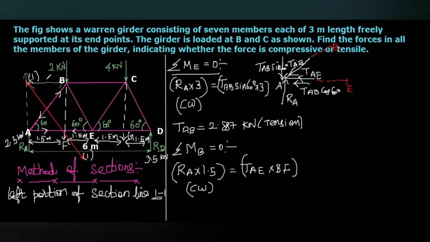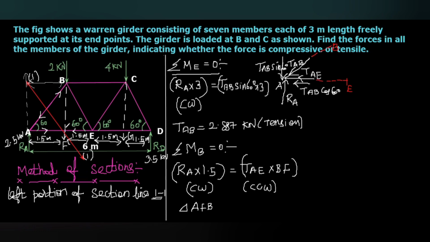In this right angle triangle AFB, we know the angle, and we need the opposite side BF.